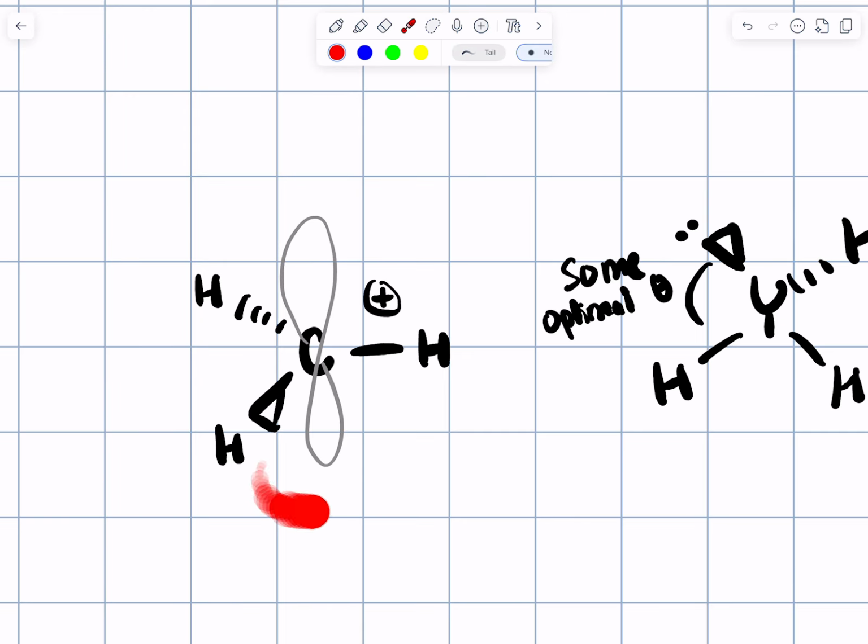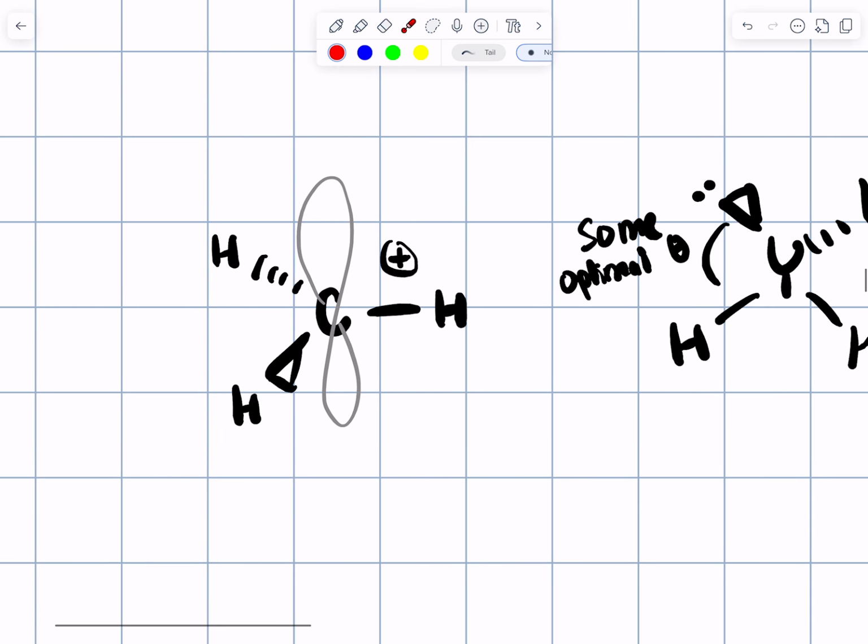These hydrogens would get closer to each other, and that's unhappy. That's not good. But by leaving this p orbital unhybridized, because there's no electrons in there, there's no pressure to hybridize, it can stay flat, 120-degree trigonal planar, as far away as they possibly can be.